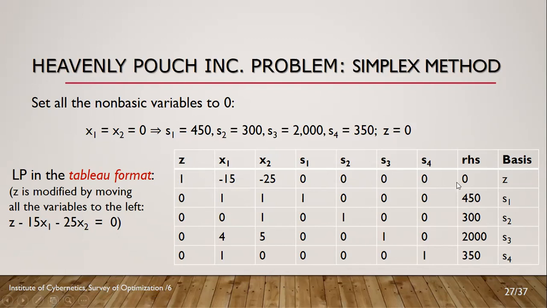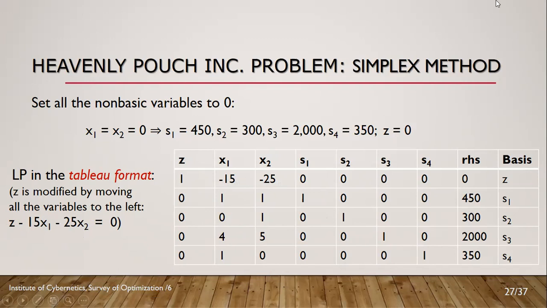This is 0. And the other ones correspond to the constraints. What is important here? In the table, we put the expression for z as the difference between the left-hand side and the right-hand side. So that's why the coefficients appear as negative. That is worth mentioning.